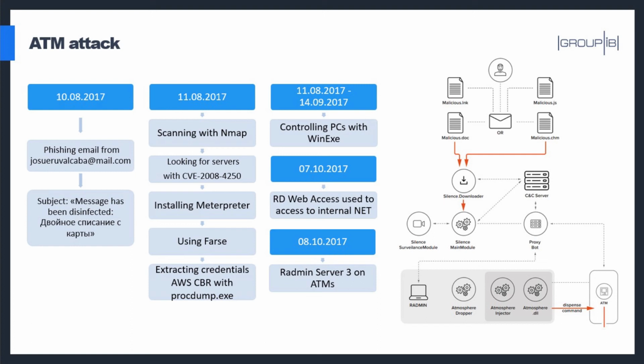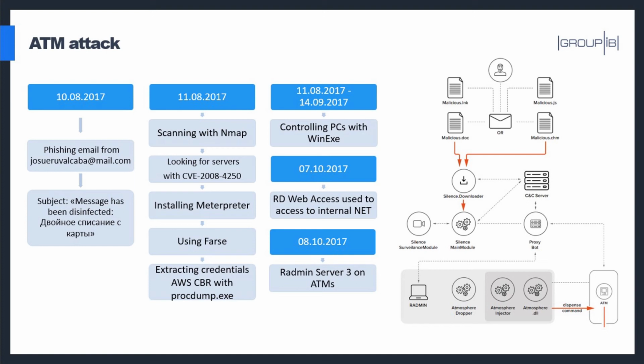A bank employee received an email with a fake antivirus mark saying that a malicious attachment had been removed. To this email, hackers attached Silence Downloader, and the victim launched this attachment, and Silence Downloader, or TrueBot, was executed.